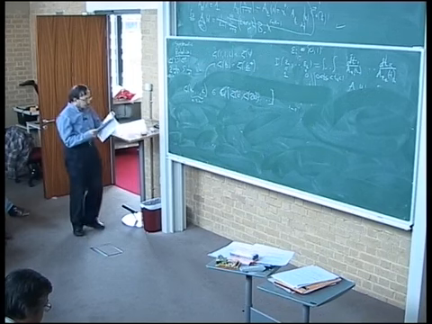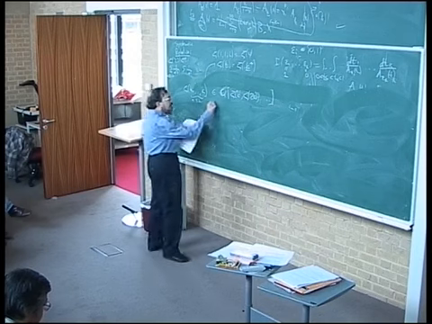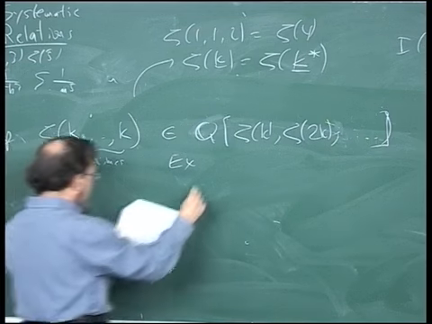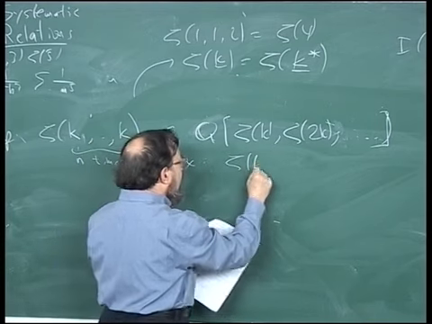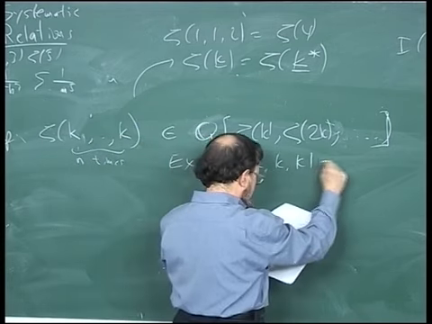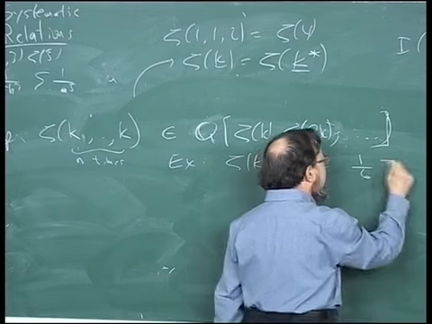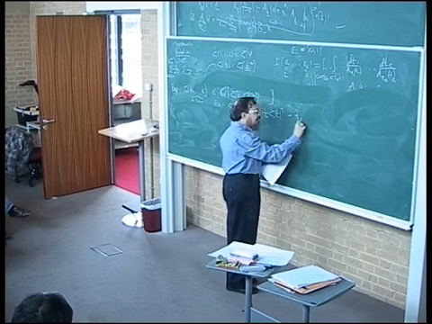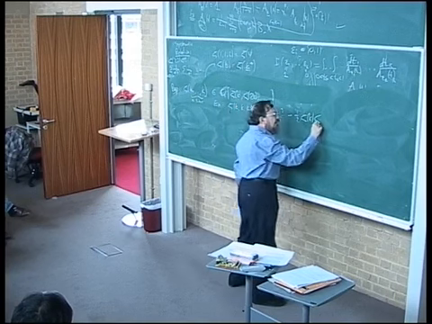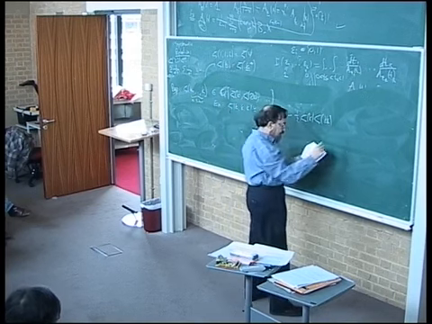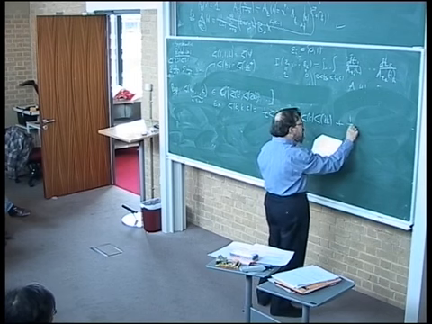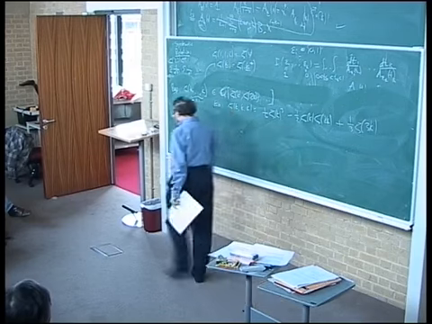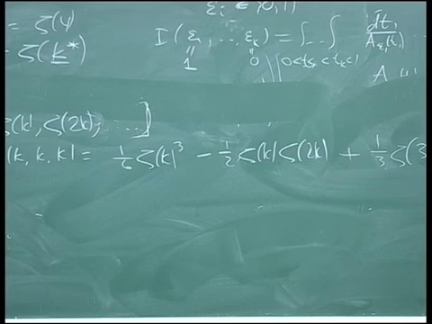So this is nearly a triviality. I'll call it a proposition, but this is really easy. So for example, if I have 3 of them, then you get 1/6 zeta of k cubed minus 1/2 zeta of k, zeta of 2k. Actually, people who do intersection theory on moduli spaces will have seen this formula for the kappa classes and tau classes of Witten. It's the same formalism.